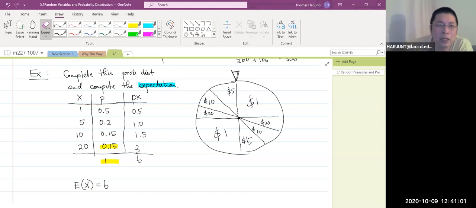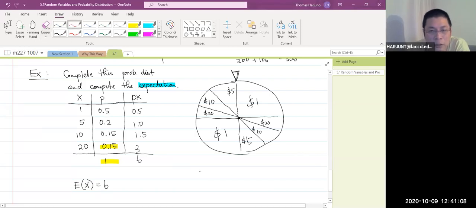Now, a game is fair. A game is fair if the expected value is 0.